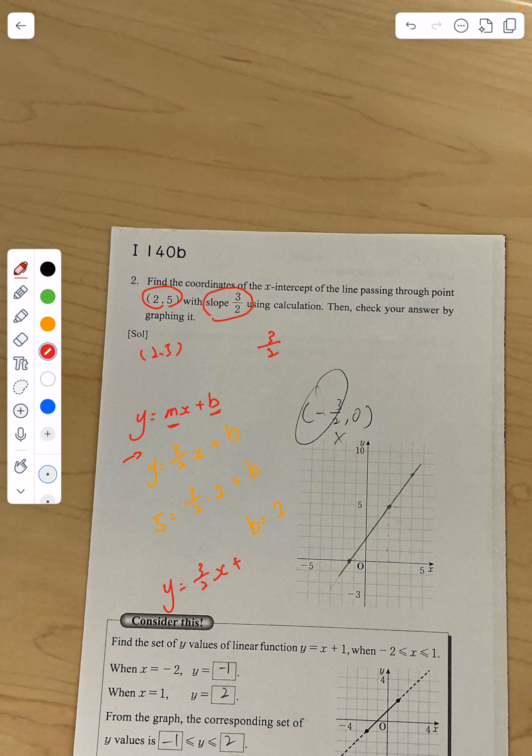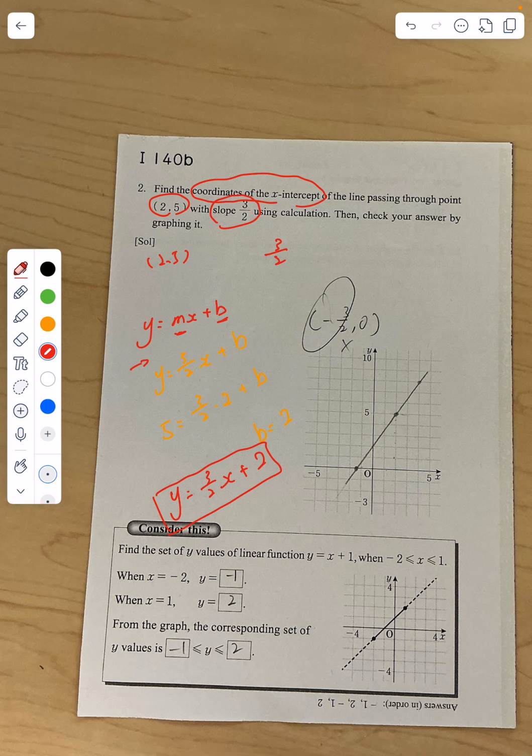With this linear equation that I know, how do I find the x-coordinate of the x-intercept? For any linear equation, if I were to find the x-intercept, you sub y equals 0.